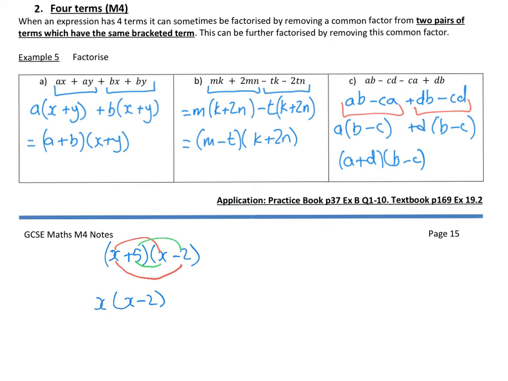And again, the way we could write that is plus 5 multiplied by x minus 2. So because in expanding brackets we can express it as the first term in the first bracket multiplied by the whole of the second bracket, and the second term in the first bracket multiplied by the whole of the second bracket, these two lines are now exactly the same thing.